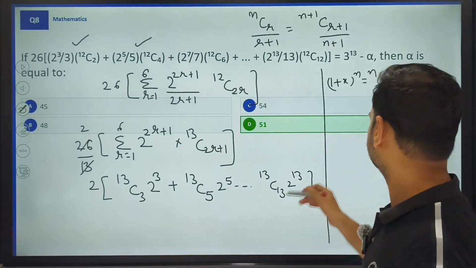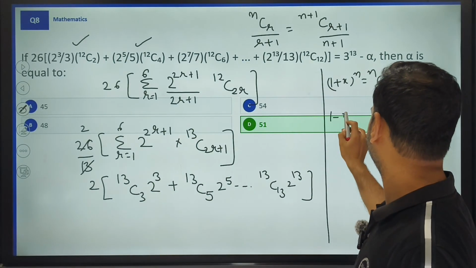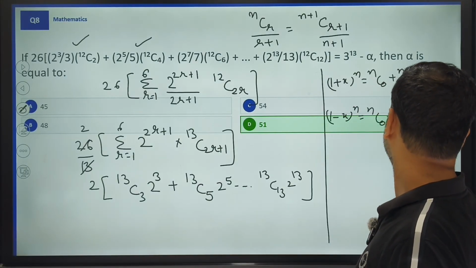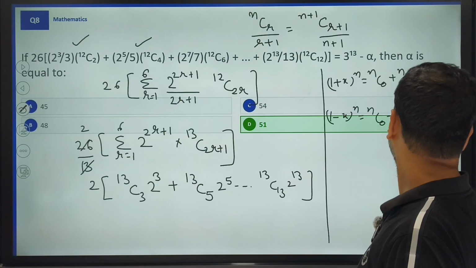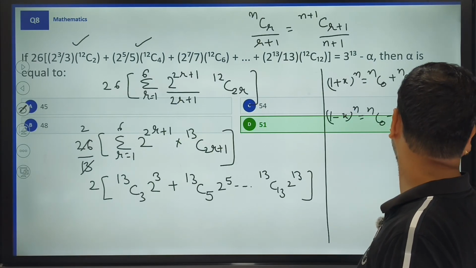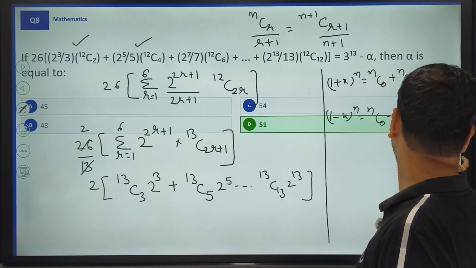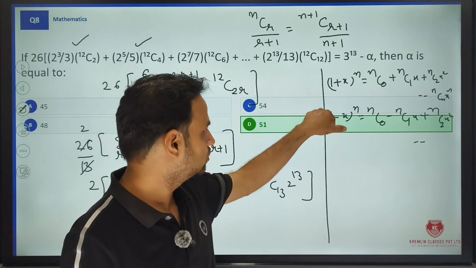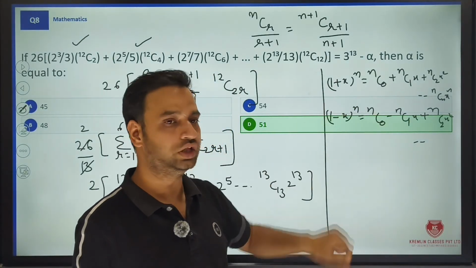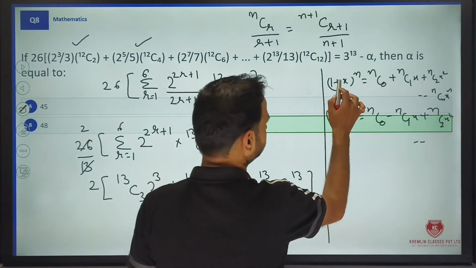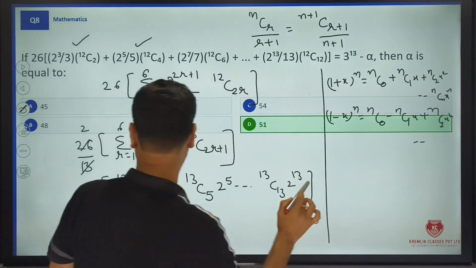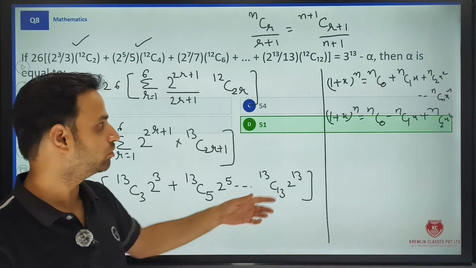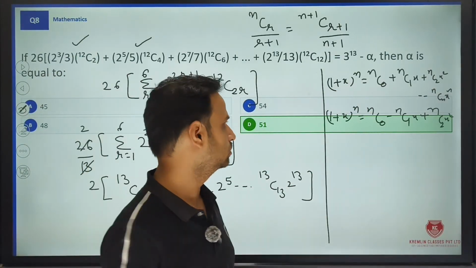So when we use (1 minus x) power n, it will be nC0 minus nC1 x plus nC2 x square up to the last. So when we put 2 in both the equations, we get this expression.